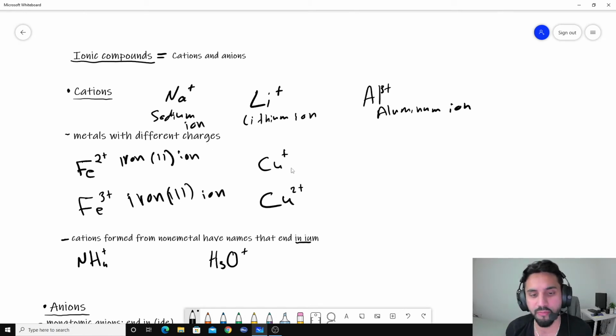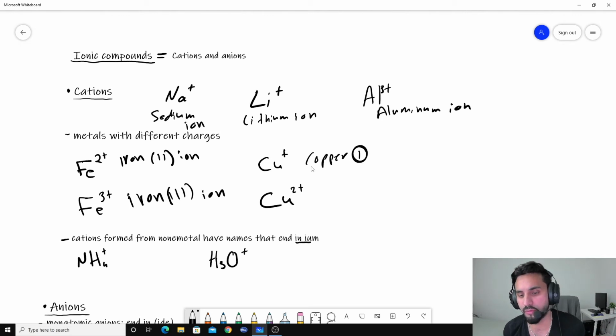Here we have a copper atom, and here copper has a +1 charge, and here a +2 charge. Like the iron, we use Roman numerals again, so copper 1 ion, and copper 2 ion.